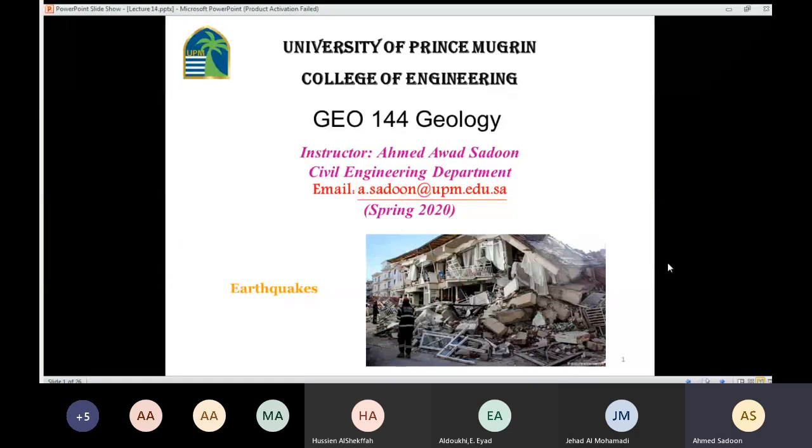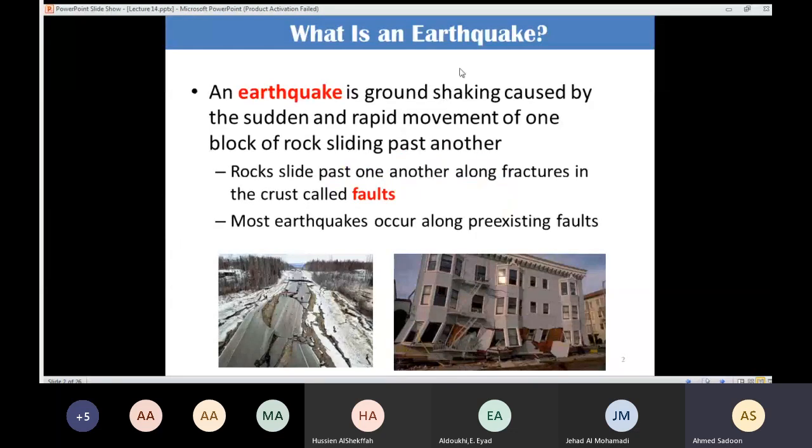So an earthquake is ground shaking, like we just mentioned, and it's caused by the sudden and rapid movement of one block of rock sliding past another. Last time we studied structural geology, and we know that when one block of rock slides past another block of rock, we are going to have what are so-called faults.